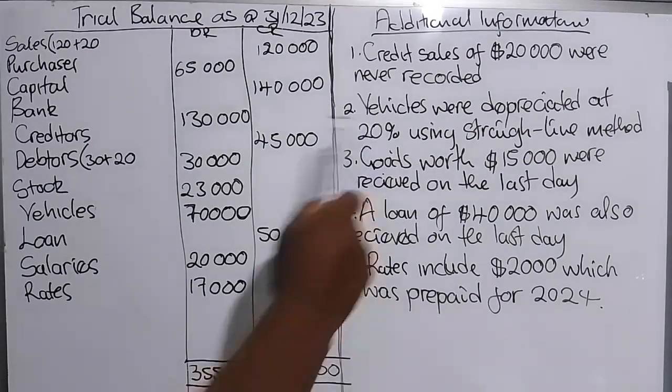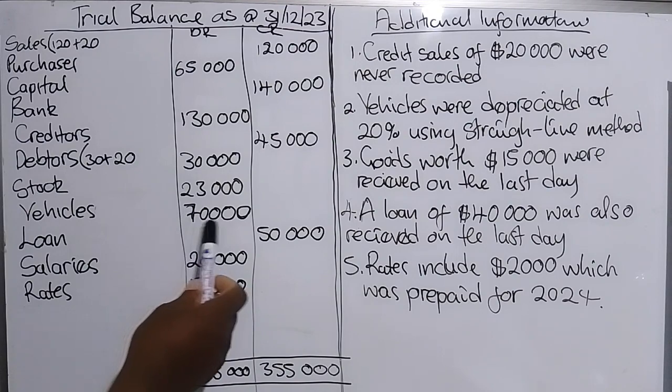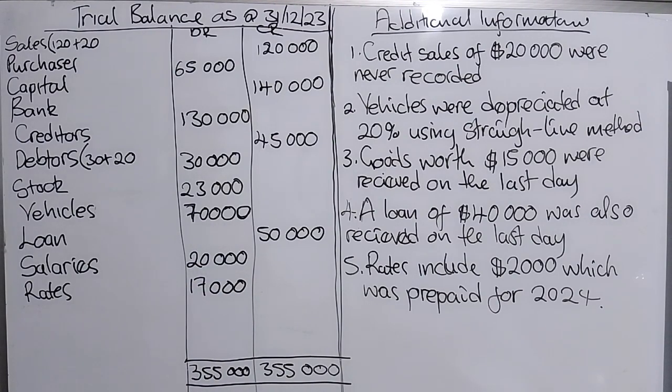Moving on to the second statement, it says vehicles were depreciated at 20% using the straight line method. So we go to our vehicles and calculate 20% of 70,000. This is the vehicle value, which is 70,000. 20% of 70,000 is 14,000.